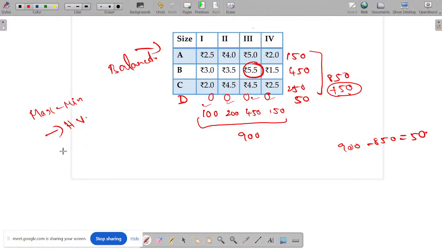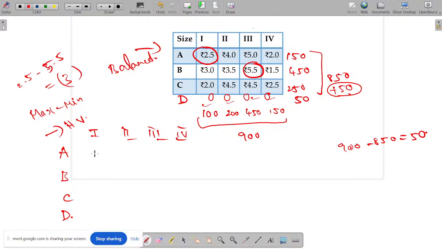So if I have the values written, A, B, C, the three manufacturers, including the dummy manufacturer D, and the dress sizes 1, 2, 3, and 4. What is this first value? 2.5, right? 2.5 minus 5.5 is negative 3. But anyway, we're going to talk about the cost, so you can directly write it as 3.